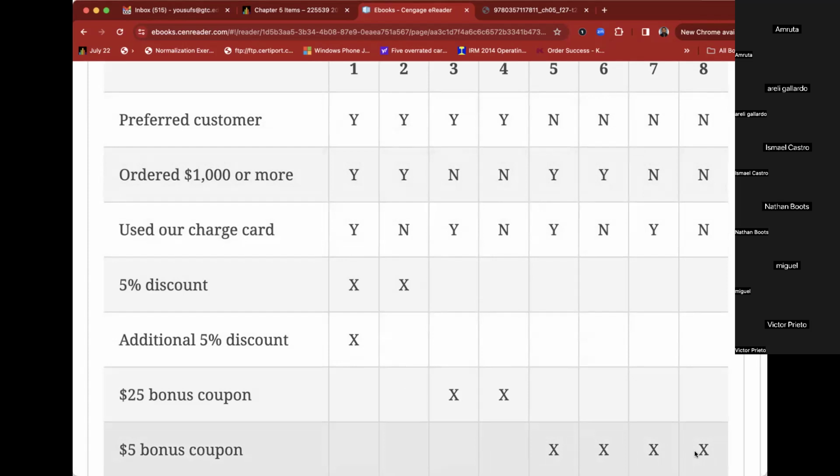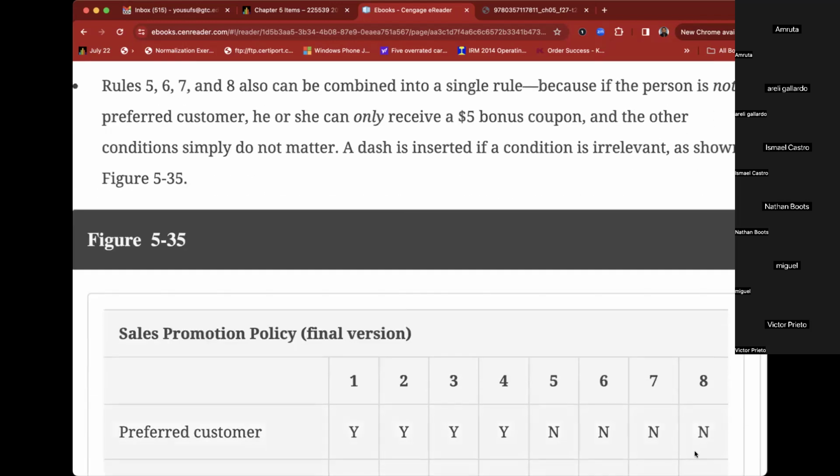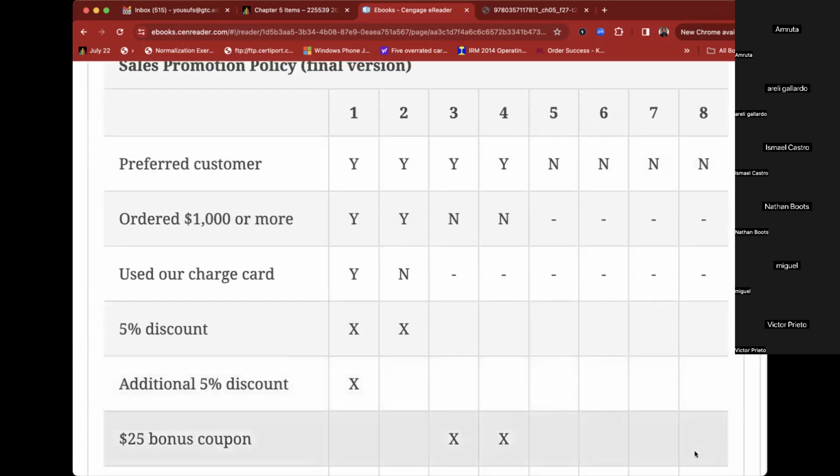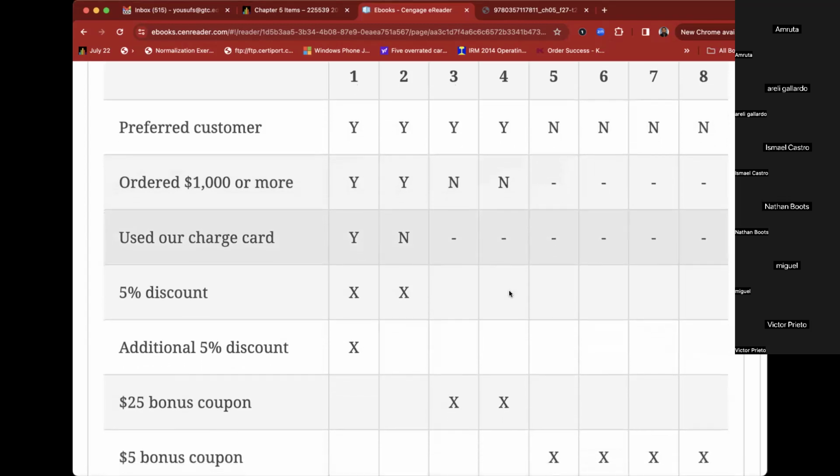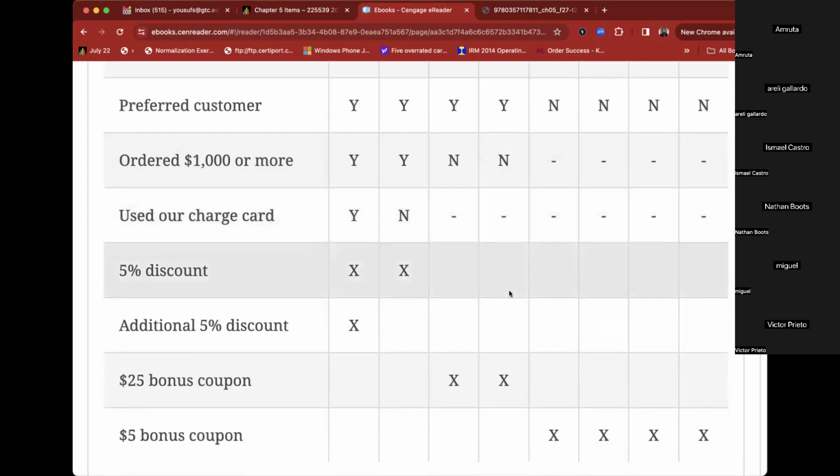Now let's take this to the next level. In the next level, we need to take out anything that doesn't matter. If you're not a preferred customer, nothing else matters, right? If you did not make an order of $1,000 or more, then it doesn't matter if you use a charge card or not. Your preferred customer status makes no difference, because you will just get 1 flat $25 bonus.